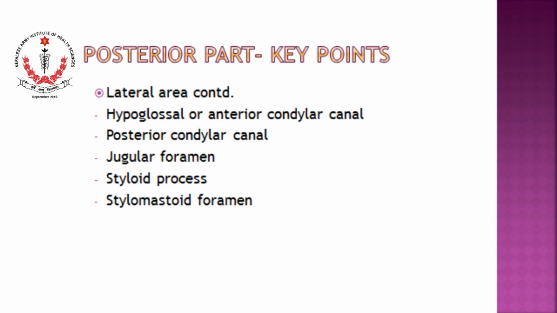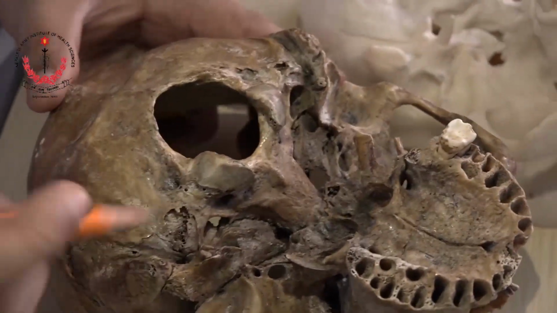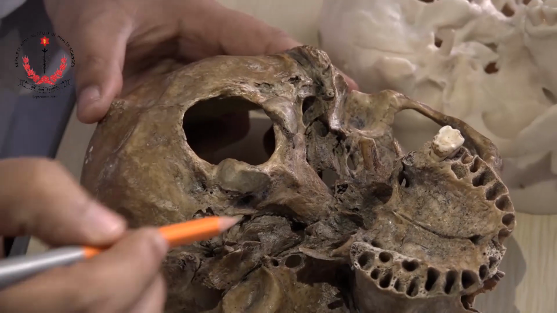Lateral area continued: hypoglossal or anterior condylar canal, posterior condylar canal, jugular foramen, styloid process and stylomastoid foramen. Now I am describing the posterior part.